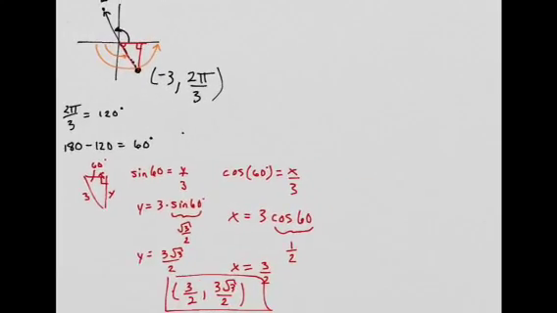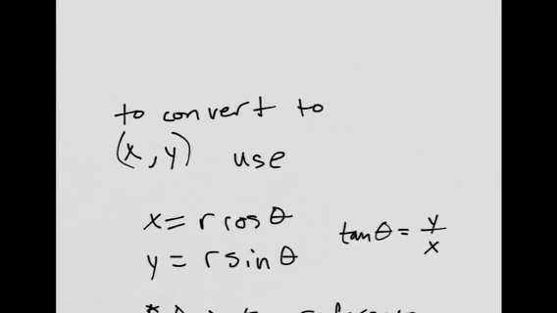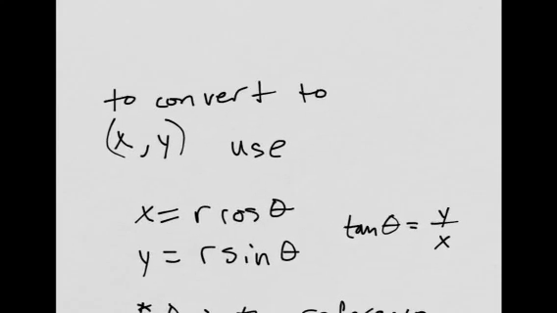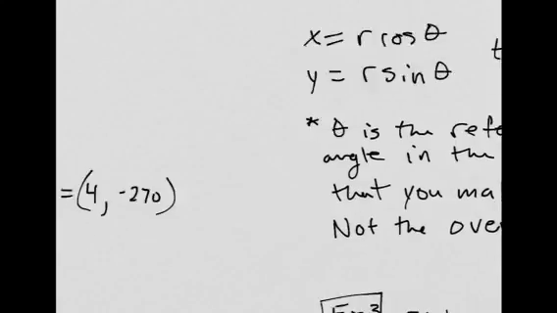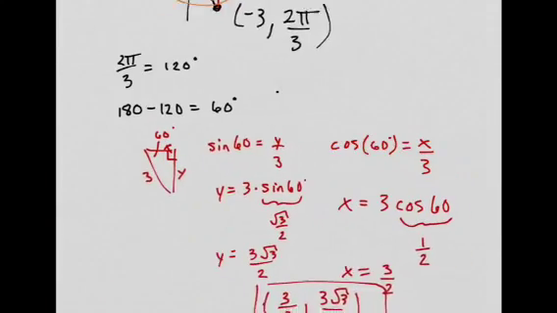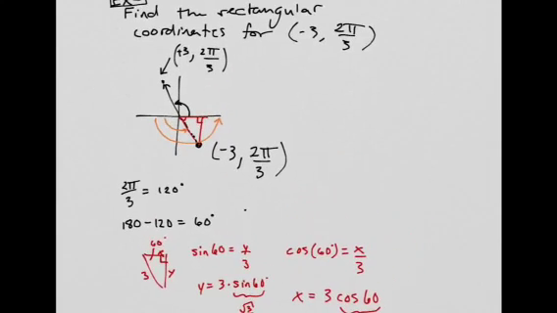Something that's kind of convenient is using these formulas to convert to rectangular coordinates. You can use x is equal to r cosine of theta, because we had x equal to the radius times the cosine of this reference angle. Remember, the whole entire angle was 270, and then you go backwards. So the angle that we use here is not 270, sorry, 120.